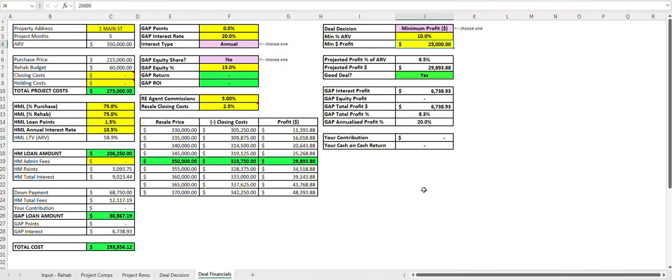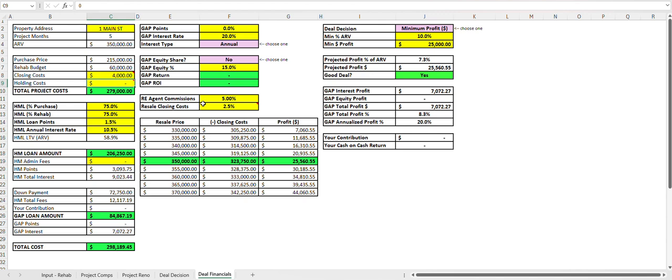Let's come back over here to our deal financials. So you'll see that 215 purchase, 60K rehab, closing costs again between 2 and 3%. So let's say closing costs are 2% of purchase. So we're going to manually input, call it about $4,000.